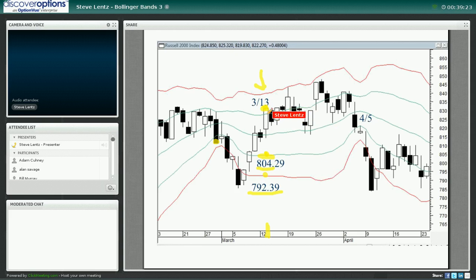What happens then? The market chops around, and eventually, on the 5th of April, it closes underneath that lower band, and we're going to get out of this spread and open up a new one by selling premium outside of this band right here.